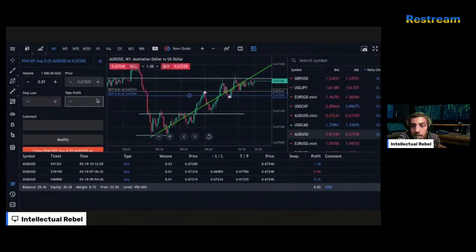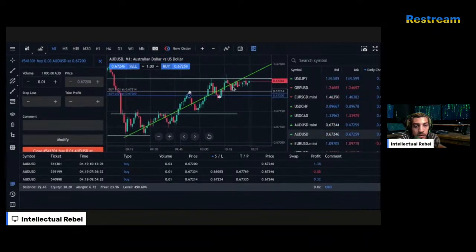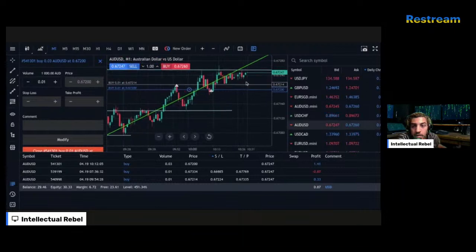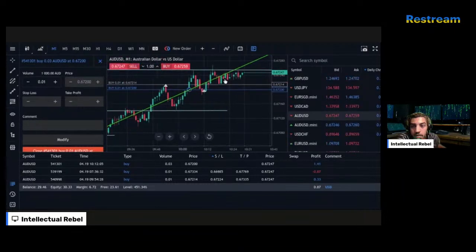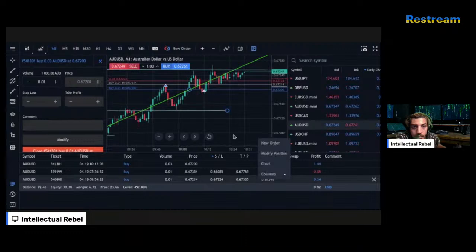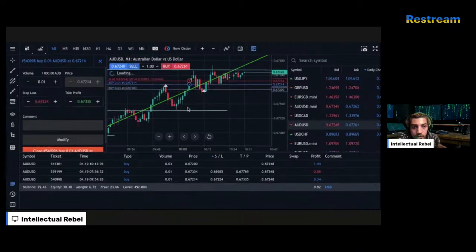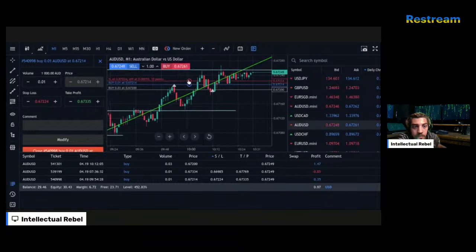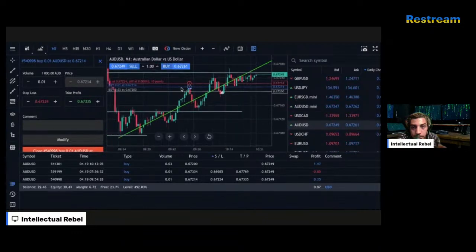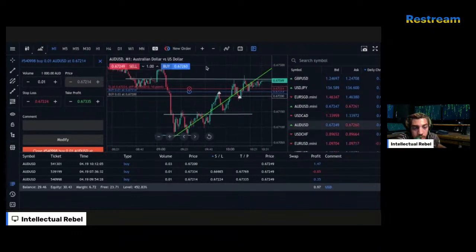See, it's not letting me enter a stop loss, but it's about to hit the profit area. I mean, the target. Oh, that one doesn't have a stop loss. This one, I believe, has a stop loss. Oh, it's past the target.